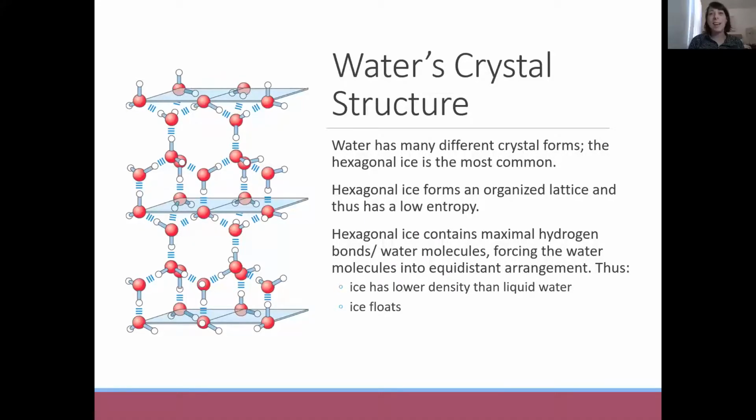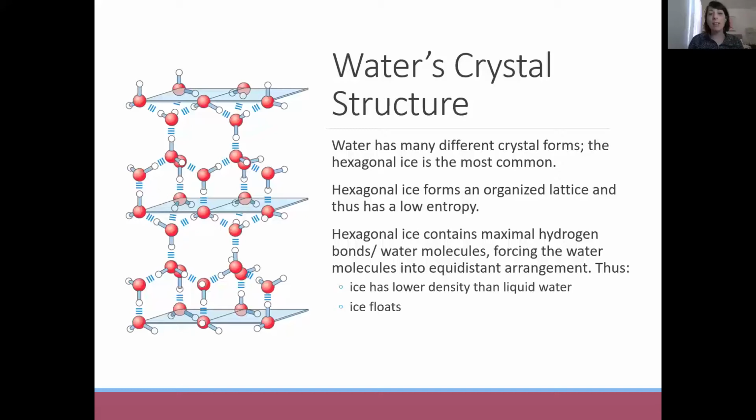In fact, I suggest you look up one particular form, Ice 9, and the related book to it. Hexagonal ice, though, again, is the most common form, and it forms this organized lattice of the water molecules. You can see on the left a picture of the hexagonal structure of ice.